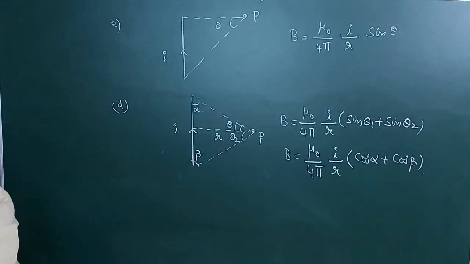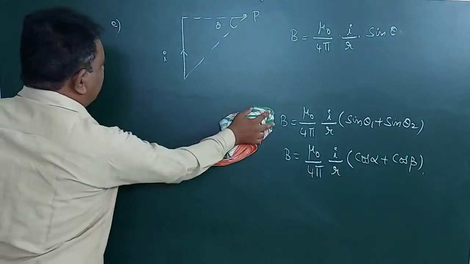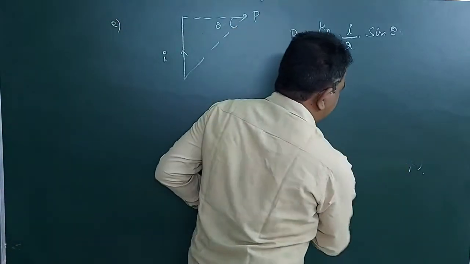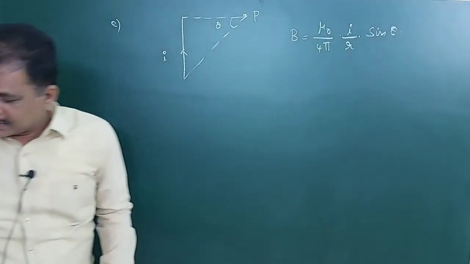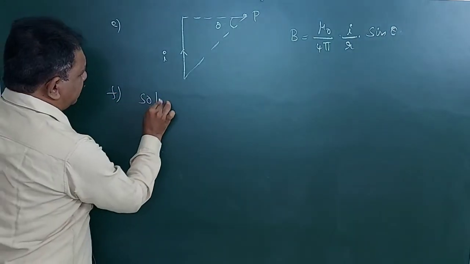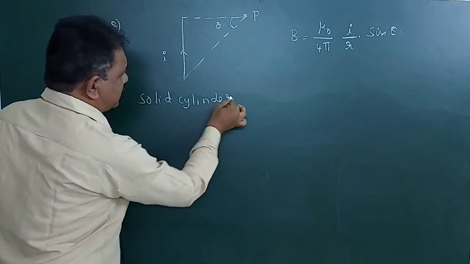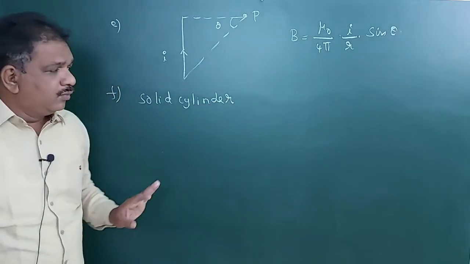So like this, applications will be there for Ampere's law. Some more applications we will discuss. For example, after this, a solid cylinder is there. All these are formulas, very very important formulae.